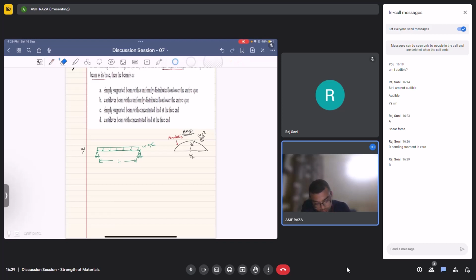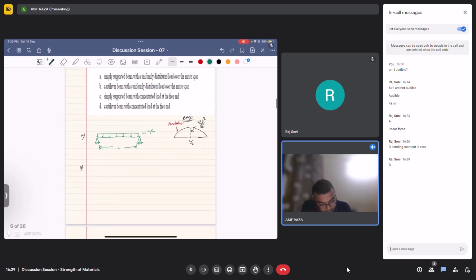Now, let's see option B. Option B is cantilever beam with a UDL over the entire span. Let me draw this, and this is L, and UDL this.